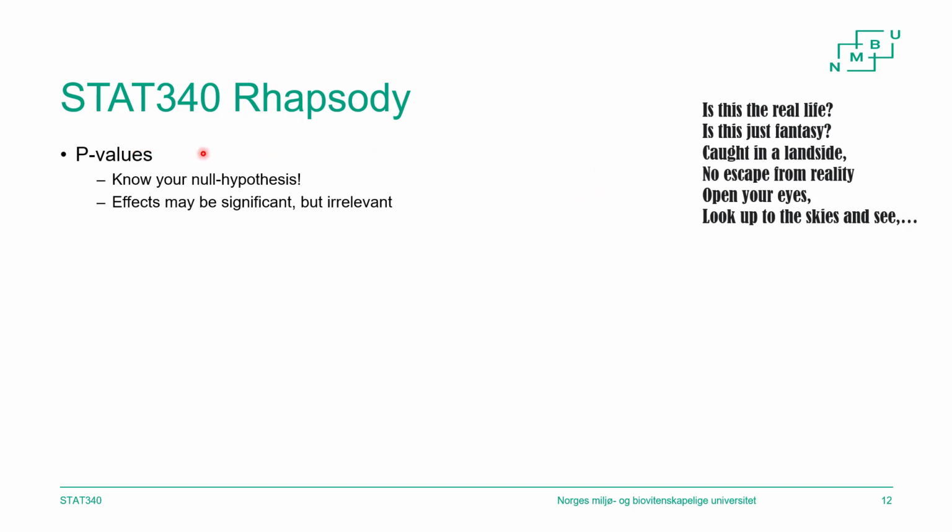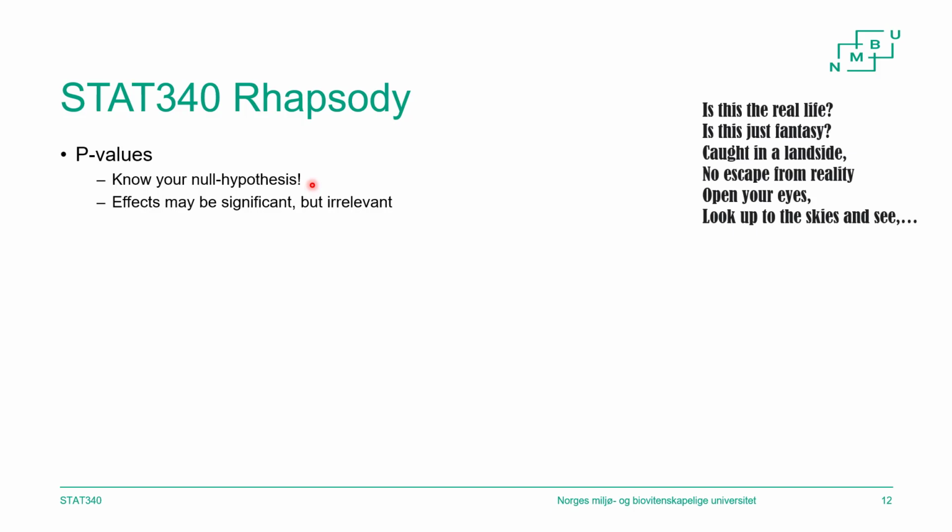First of all, p-values. I know this is a topic of some controversy. Some people hate p-values and say you shouldn't use them at all. I don't hate them. I use p-values, but you should at least know your null hypothesis. And that is something I have a feeling people don't always do.